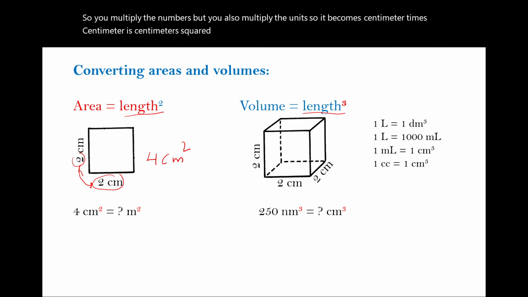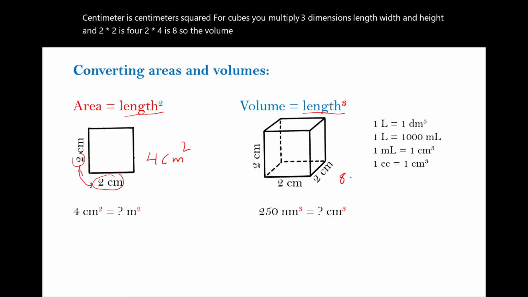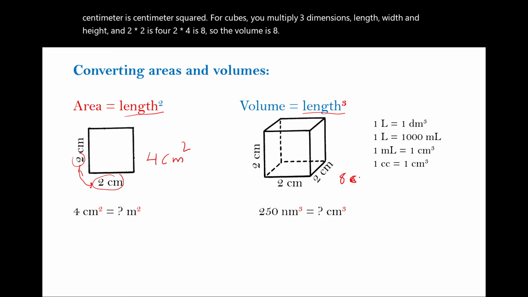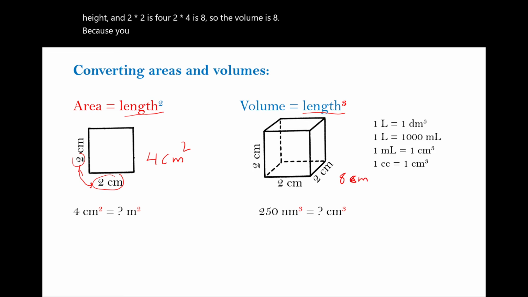For cubes, you multiply 3 dimensions, length, width, and height, and 2 times 2 is 4, 2 times 4 is 8, so the volume is 8. And because you are multiplying 3 centimeters, it will be cubic centimeter.